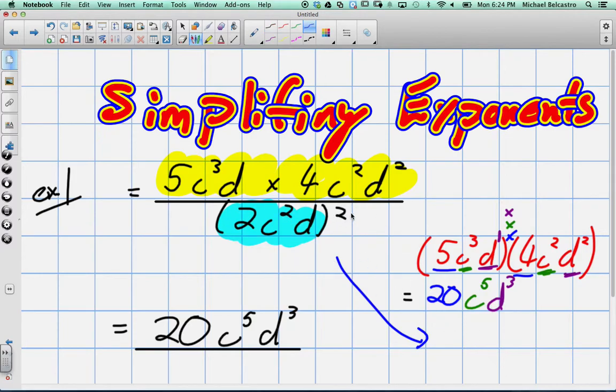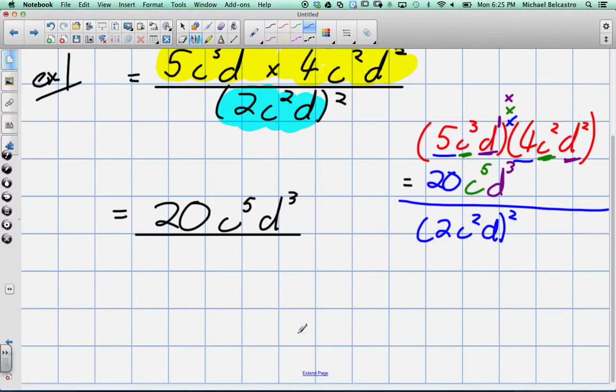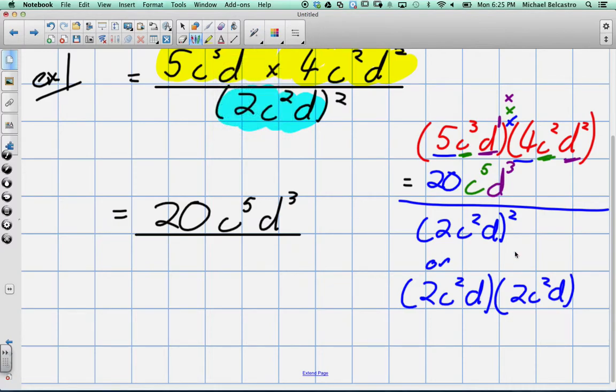Because it's squared, I can read that as a power of a power, 2c squared d squared, and I can bring the 2 into everything, or I can read it as 2c squared d times 2c squared d. Because remember, an exponent just means the base times itself a certain number of times. So I can rewrite this two different ways.